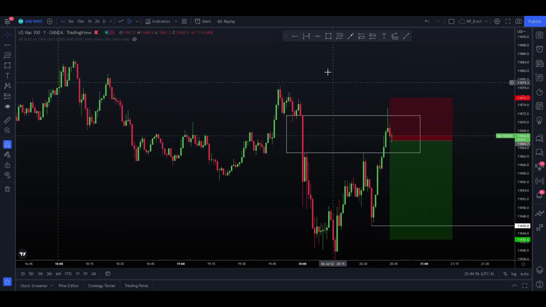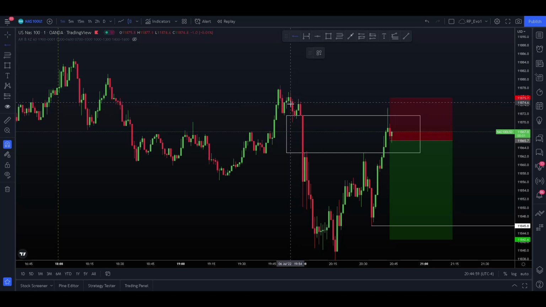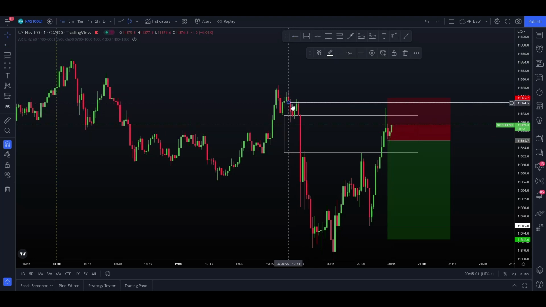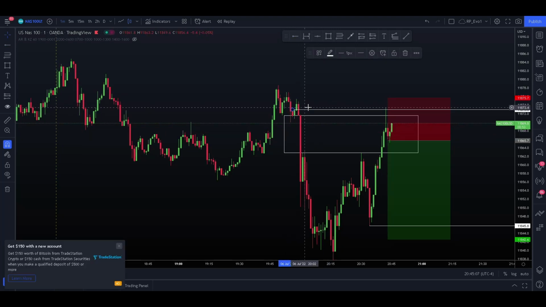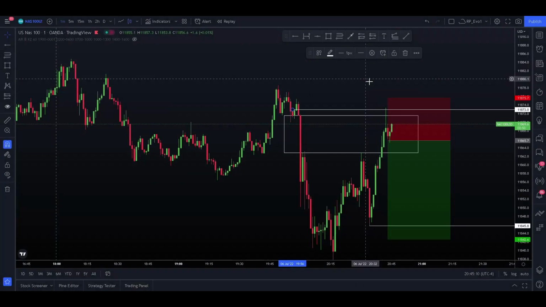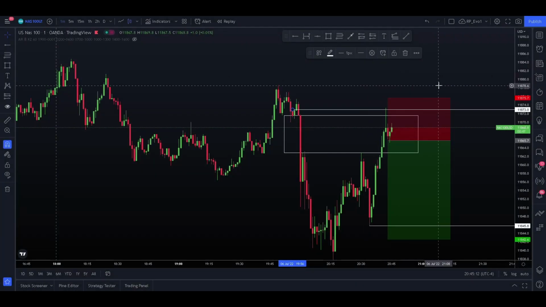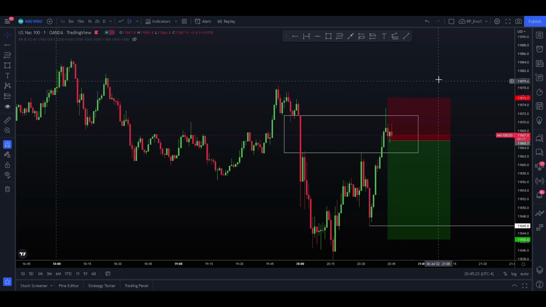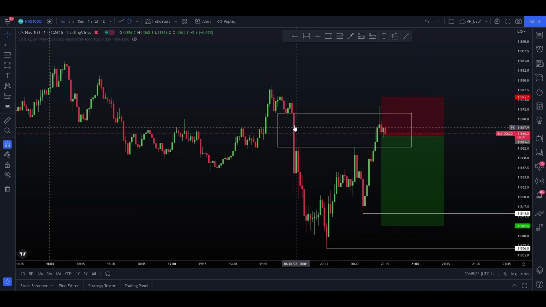Technically actually this wick did go back inside. Well, actually never mind. Yeah, we do have an imbalance here. But the idea is to short because we had this displacement with two up close candles, basically your order block.